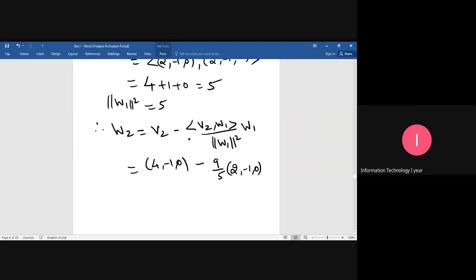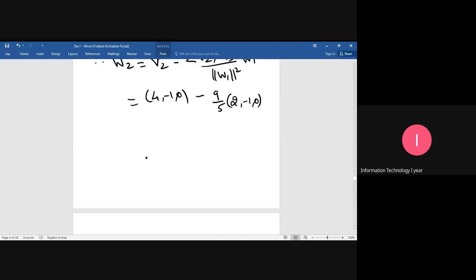Multiplying 9 by 5 into 2, minus 1, 0: 9 into 2 is 18 by 5, 9 by 5 into minus 1 is minus 9 by 5, and 9 by 5 into 0 is 0.